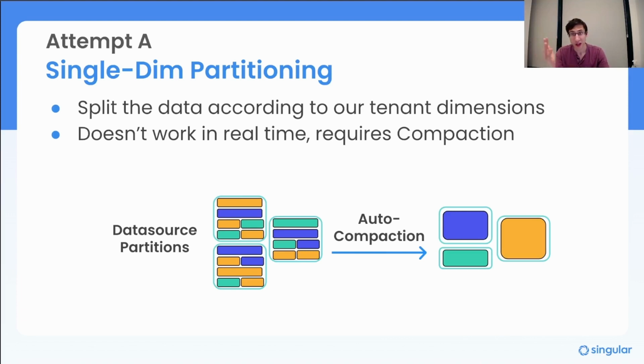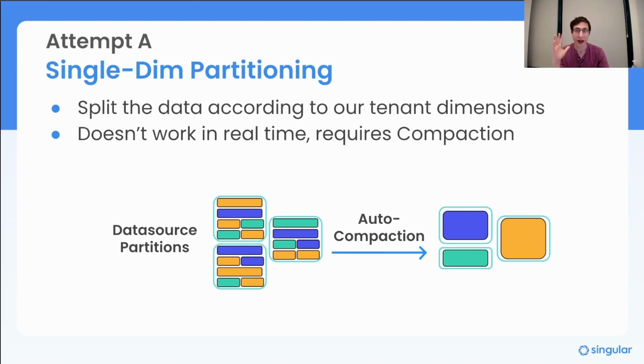Single dim partitioning, in a word, is just a way to get Druid to split the data according to a certain tenant dimension. In our case, it would be a tenant or a customer, and we'd be able to split within the single data source to improve data locality and hopefully allow for segment pruning to occur, so Druid could scan only some parts of the data source and not all of it. Unfortunately, this doesn't work in real time.